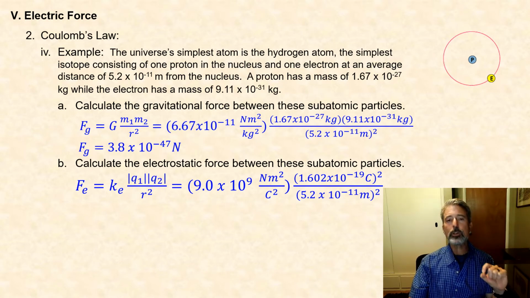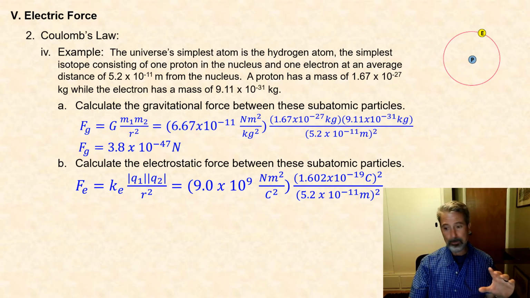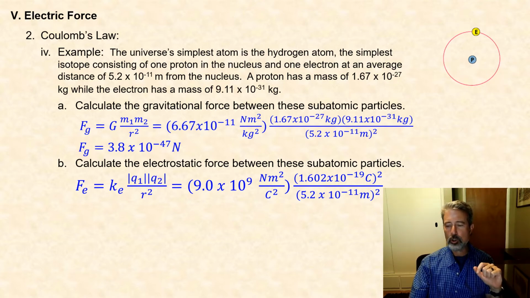It's the smallest unit of charge that exists in nature. We can't have a fraction of this fundamental unit. It also happens to be the charge of one proton. So we're going to take the charge of the electron multiplied by the charge of the proton, which means we're basically squaring it since they're the same. And again, dividing by the separation distance squared.